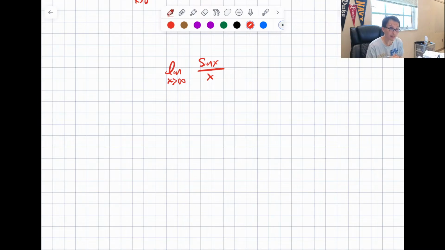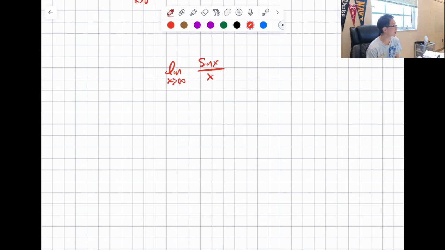Now, due to the squeeze theorem, what does the function look like? Well, it looks like this.